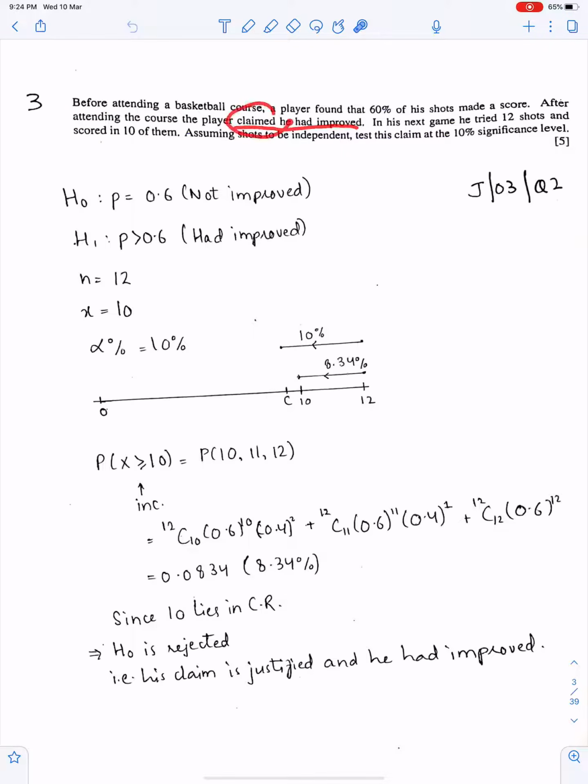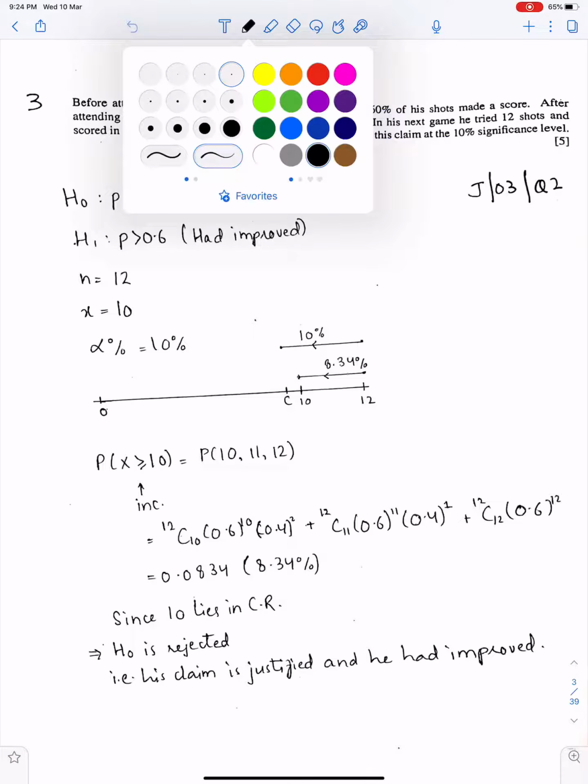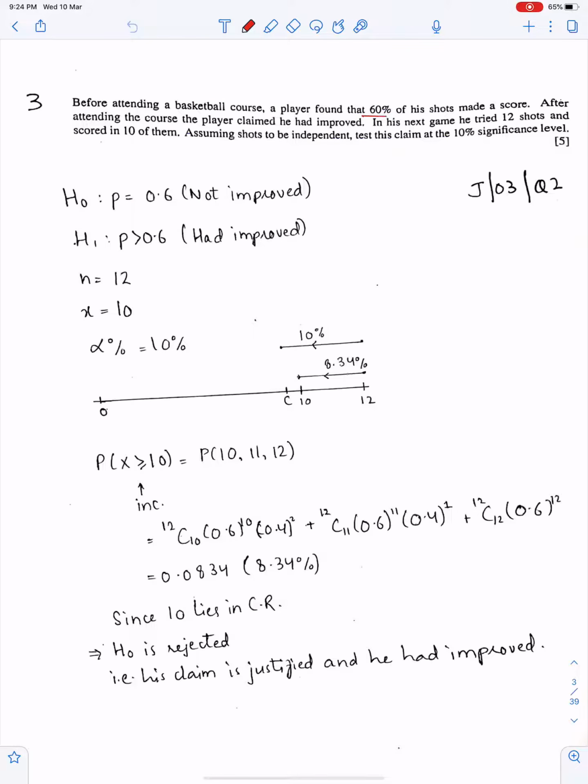Now this is the claim, and this is H1, and H1 has a greater sign because he said that he had improved. So the P of binomial, and since he said that he had improved, H1 involves a greater sign.